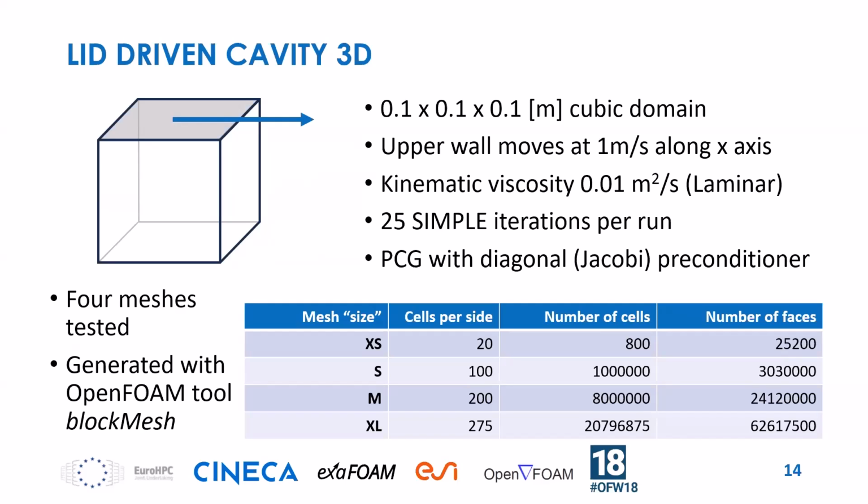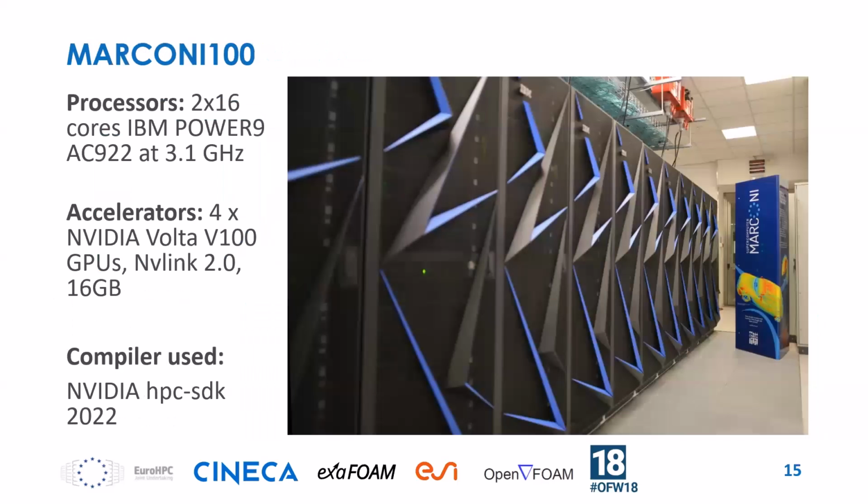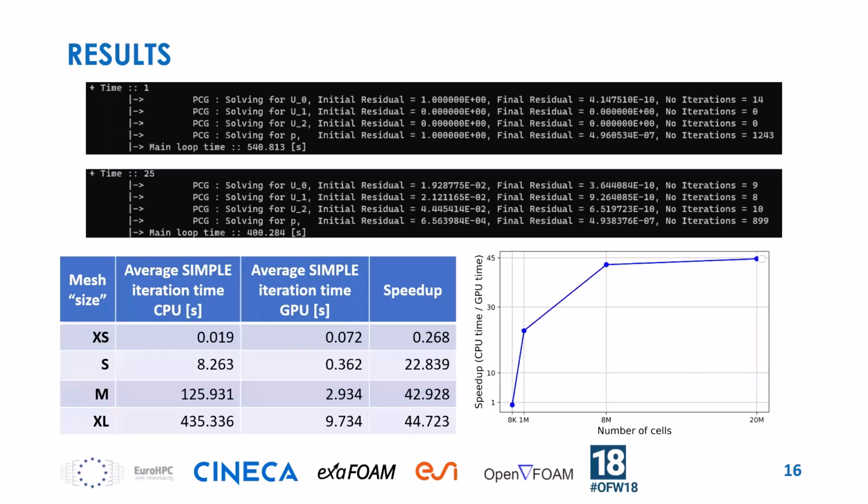The biggest one is 20 million cells, which is as much as we can fit in one Volta GPU of Marconi 100, which is the cluster that we used for the tests. And here are some samples of what the solver actually prints out, which is supposed to resemble what OpenFOAM prints out.